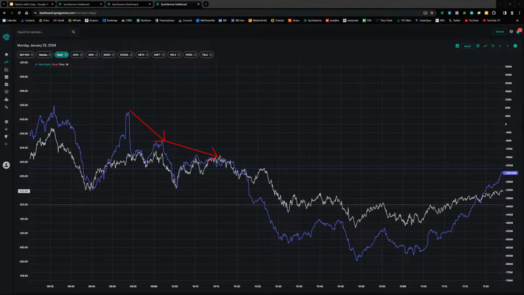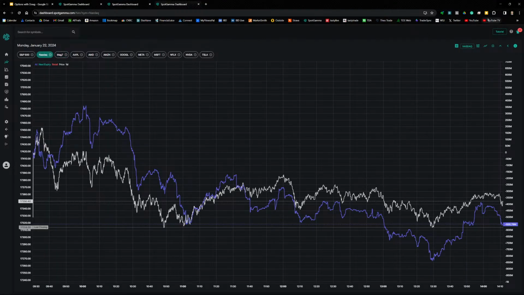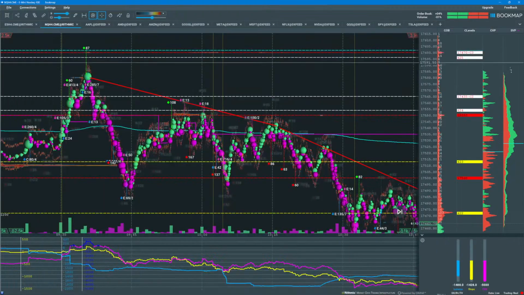And starting 10 to 10:30, the Hero signal for the Mag 7 was also making lower highs, also confirming a short. So options traders and order flow in Bookmap both confirming a short in NASDAQ.